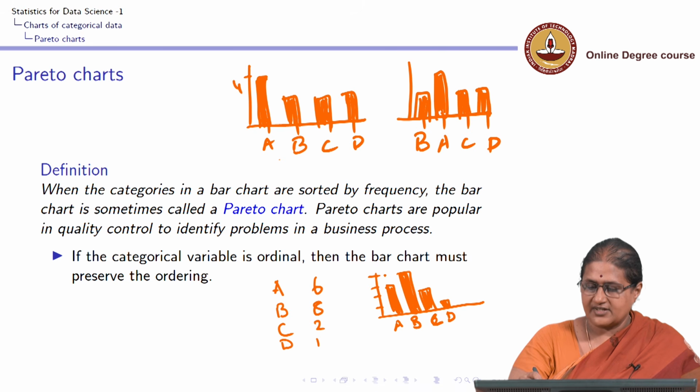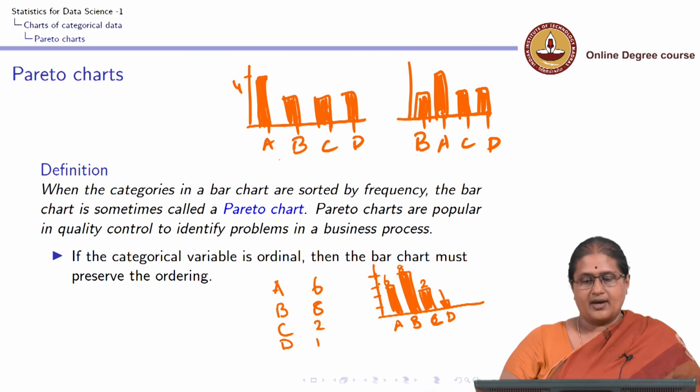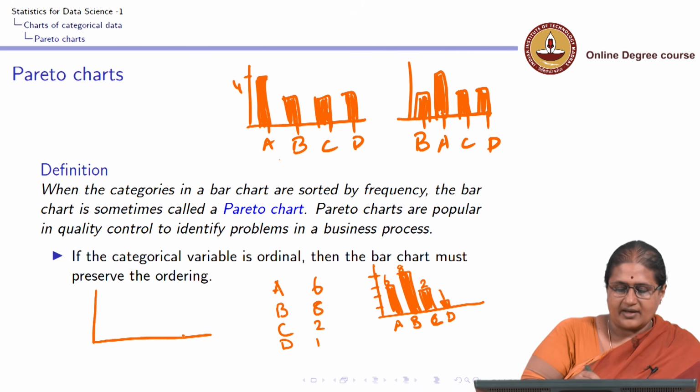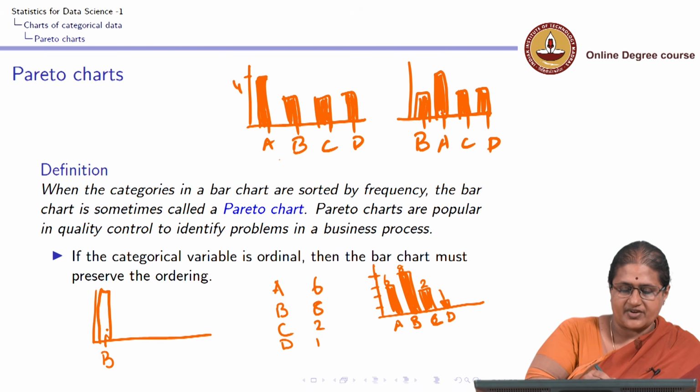So, I have a 6, 8, 2, 1. This is giving me a count. A Pareto chart is something where I can just look at the category B which has the highest frequency, which is a 8.